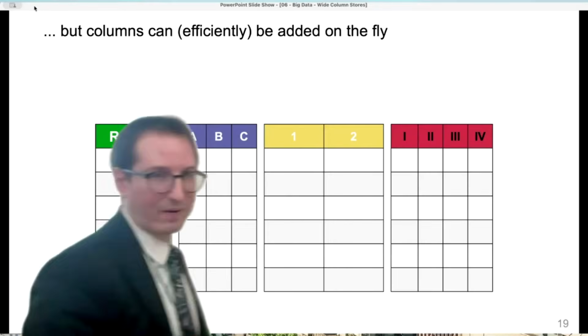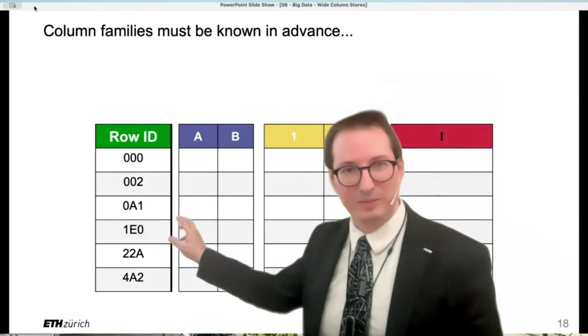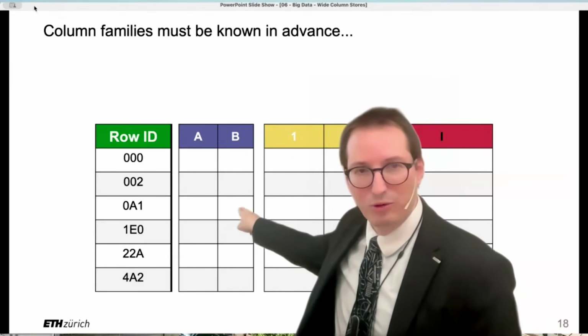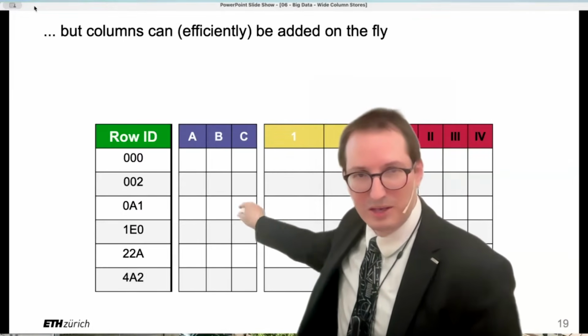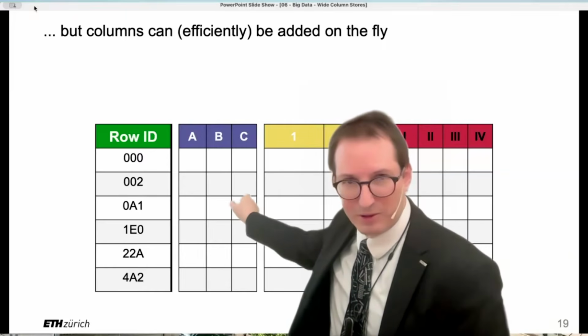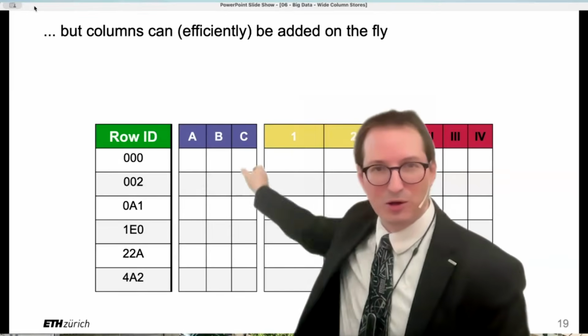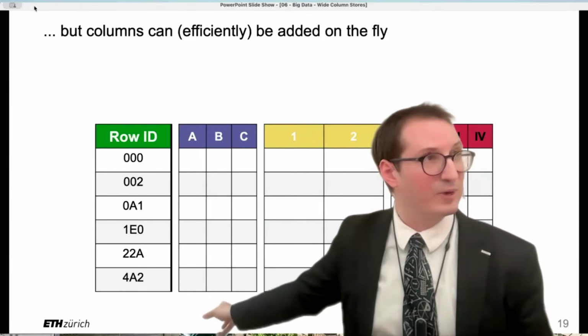It's just logically there. So imagine that here I'm saying on that row, I add a new value with a column C. It's going to add the value just for that record, but on the logical level, that also implicitly means there is a column C. It's just empty for the rest.